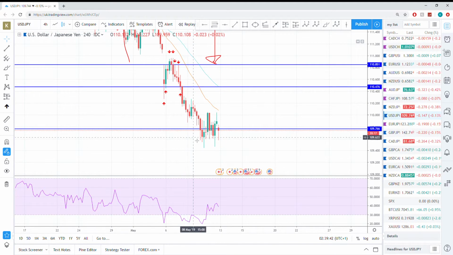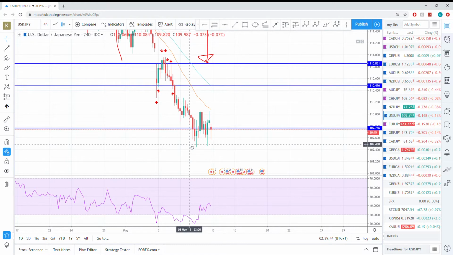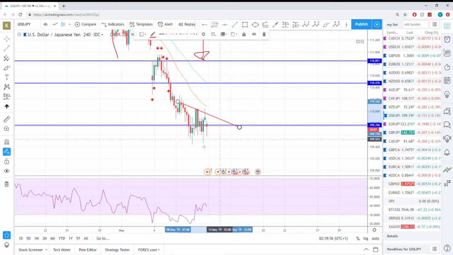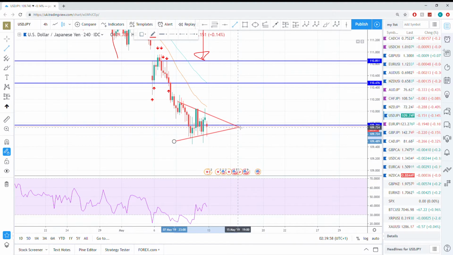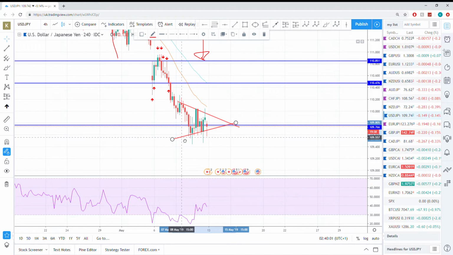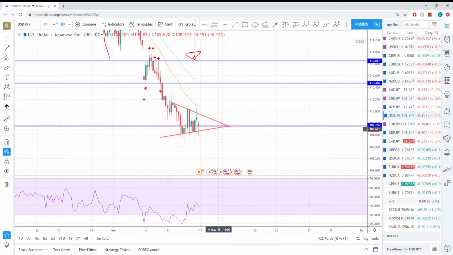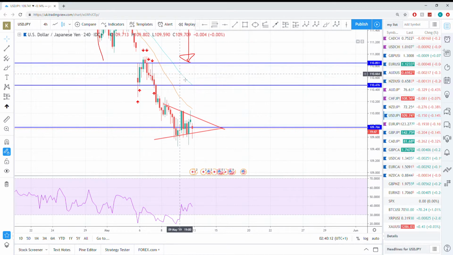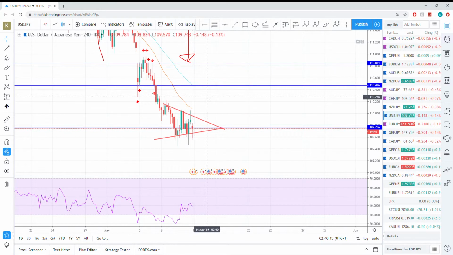As of now, what is likely to happen is we are coming into some sort of consolidation, as we can see a possible pennant forming here along the lines like this. This is a very roughly drawn pennant, not exactly to scale, and we can see our EMAs crashing downwards.